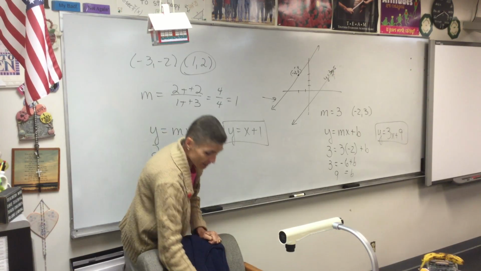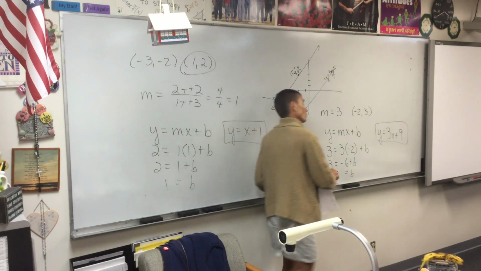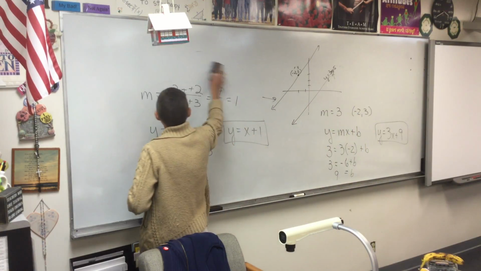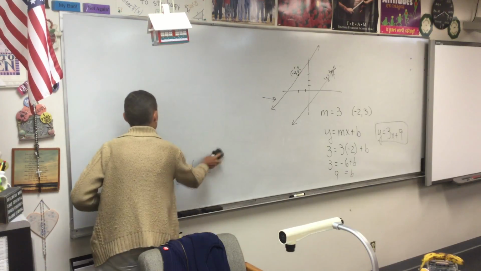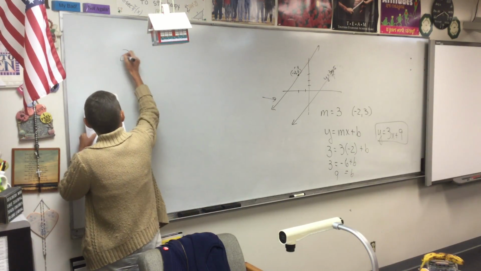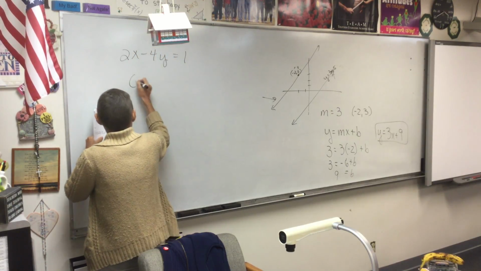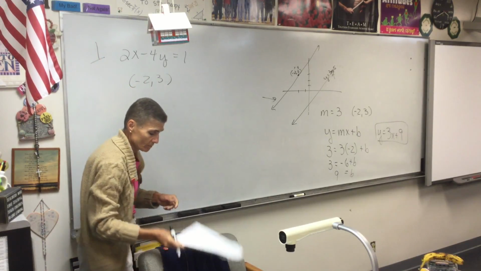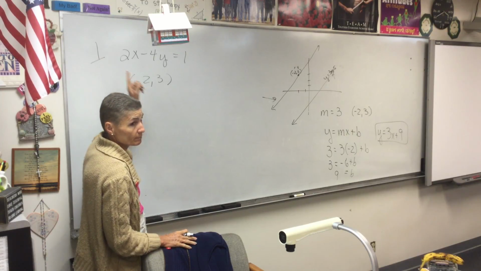Now you're looking, I hope, at the next problem, and you see a different word. This time, we're writing the equation of a line that is perpendicular. That's the symbol for perpendicular from geometry.